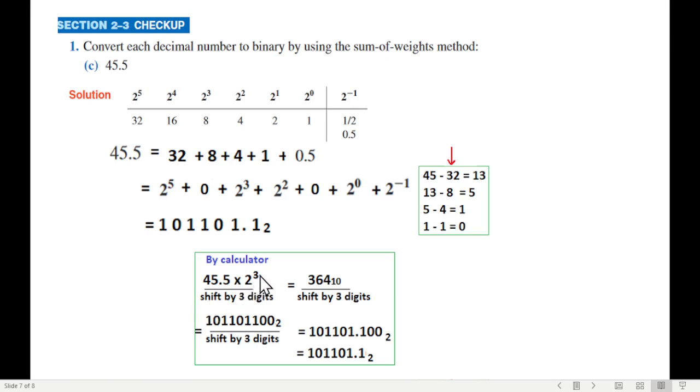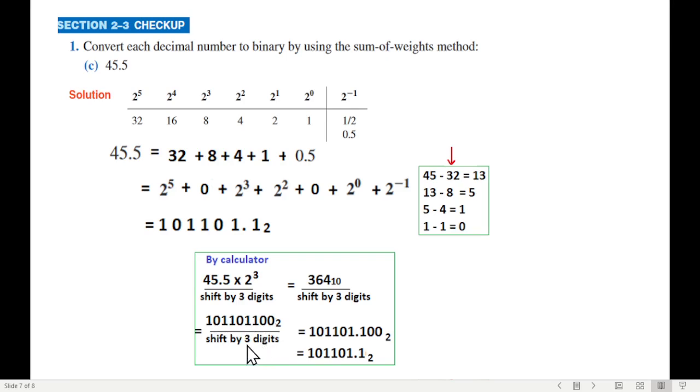So since we have taken 3, we'll write shift by 3 digits. Now if you multiply this by 2 raised to the power 3, or 8, you get 364 base 10, and then you just copy this one. Now 364 base 10 can be converted into binary, and you will get this value.